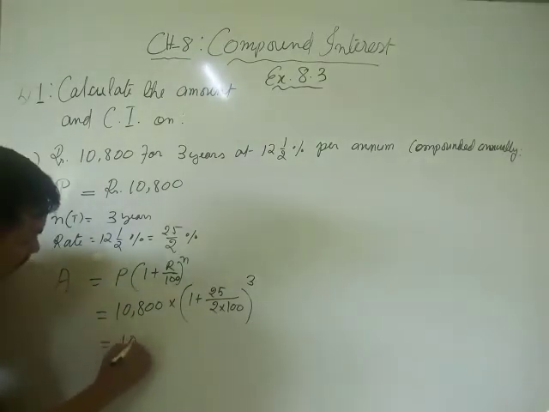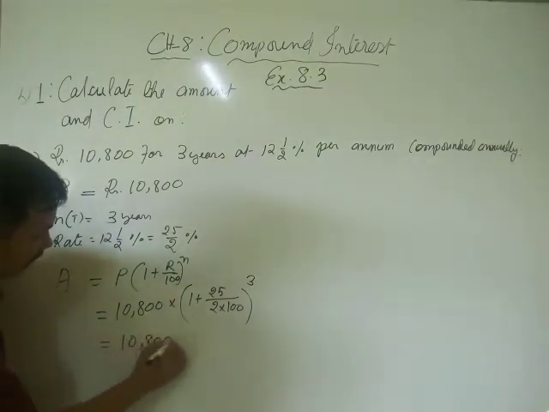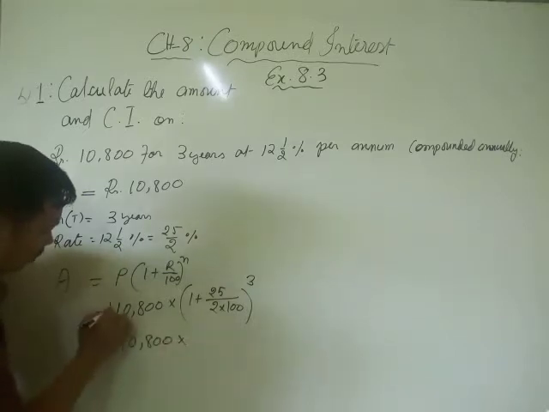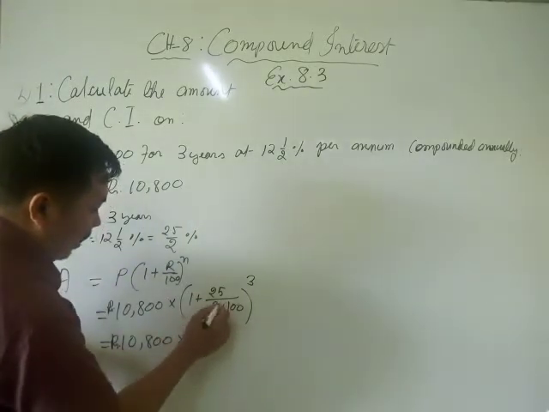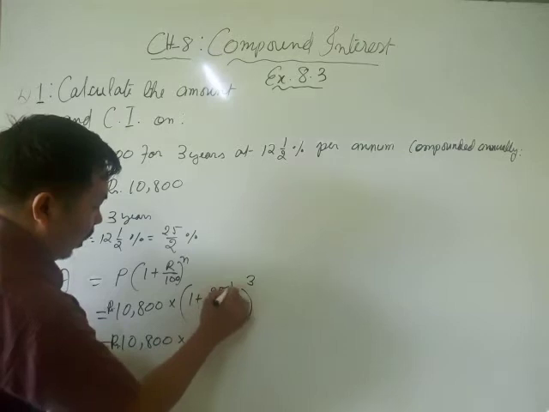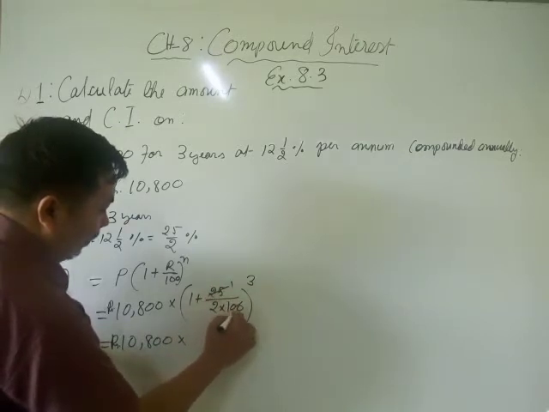Now we get rupees 10,800 into, and this also must be in rupees. Then you see here, if you cancel these, you will get 1 and here 4.